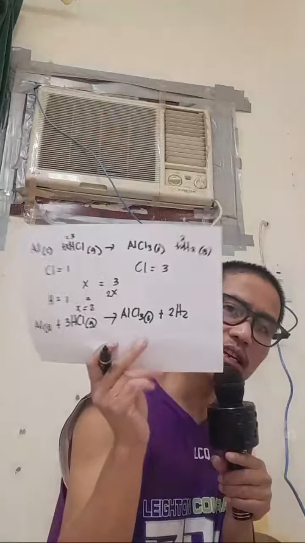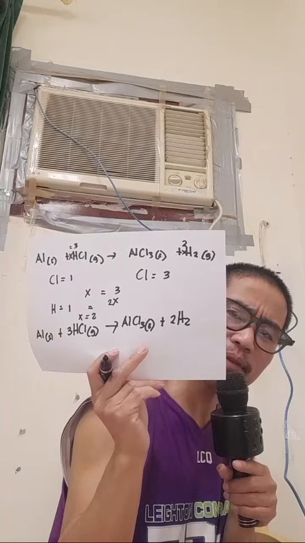Take note of the subscript, the number placed below. The superscript is the number placed above, which means exponent or raised to the power of something. So that's the difference between superscript and subscript. The coefficient is the number placed at the side of the element and the compounds.